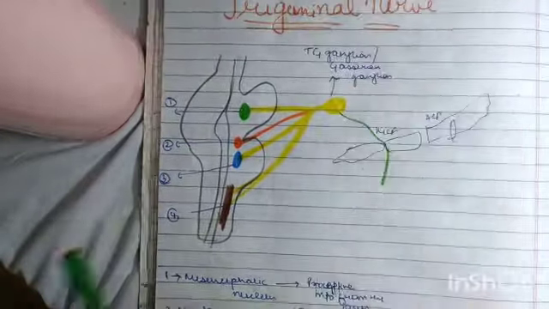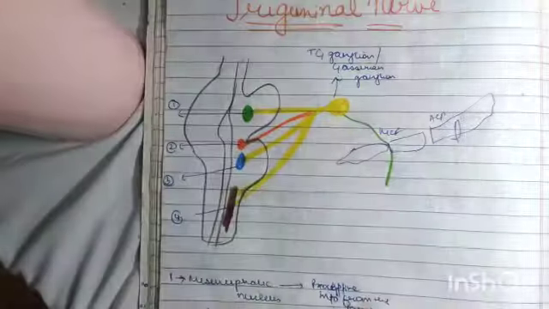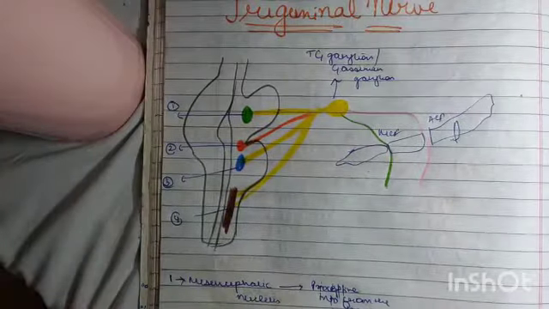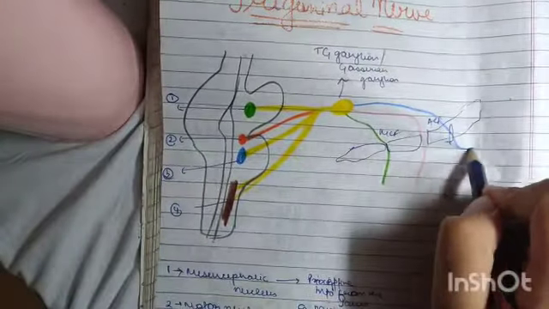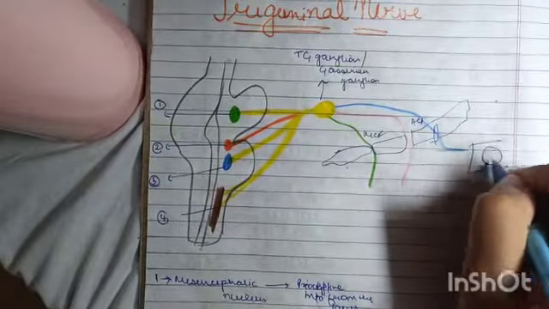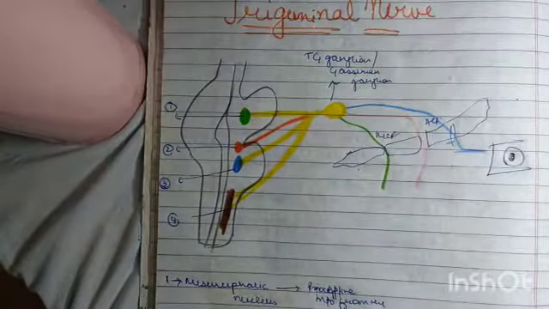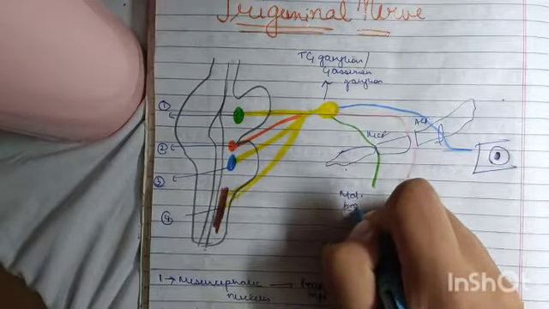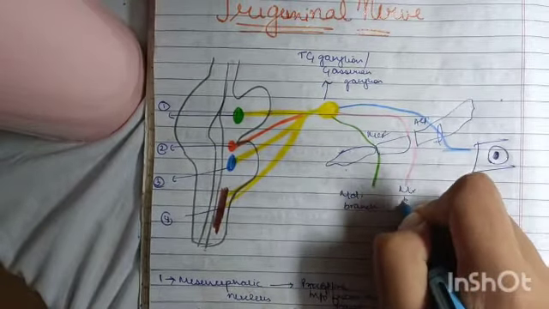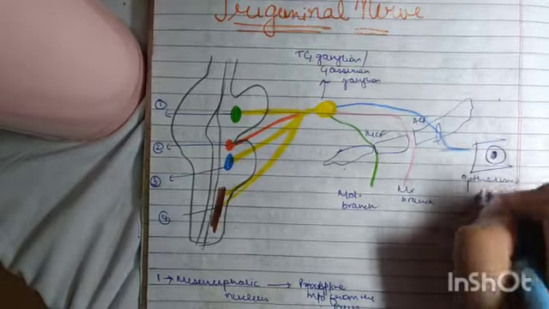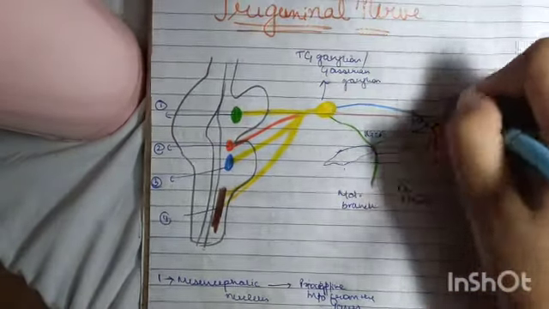Now what you will see is a branch comes out like this, then there is another branch which comes out like this, and then there is another branch which passes through this, and here we have this beautiful eye. Which is this branch? This is the mandibular branch, this is the maxillary branch, this is the ophthalmic branch, and this is our orbital fissure.